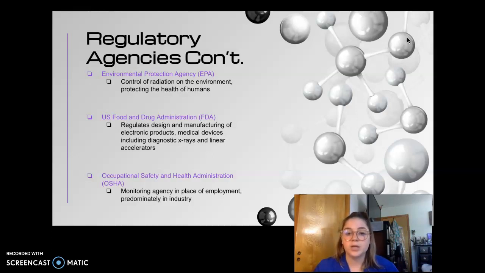And then finally, we have OSHA, the Occupational Safety and Health Administration. They're a monitoring agency in places of employment, predominantly in industries. OSHA is also responsible for employees' right to know in regards to workplace hazards. Workers need to know what's going on at their jobs, if it's a risk to them or not.